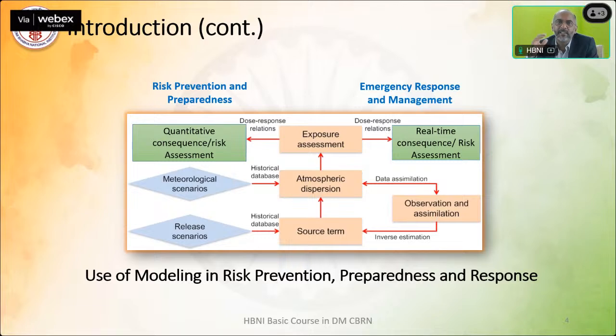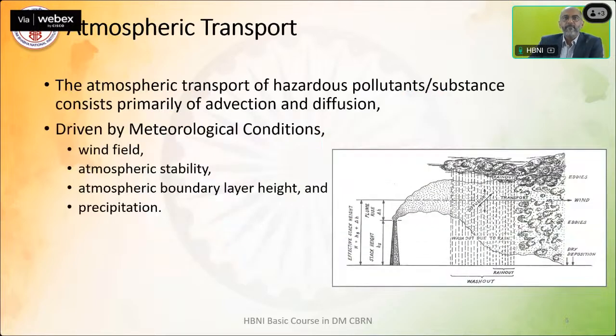So let us see how we construct this from basics, okay? So atmospheric transport of hazardous pollutant substances consists primarily of advection and diffusion.